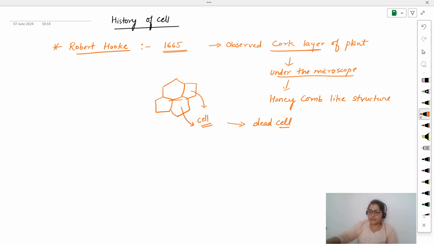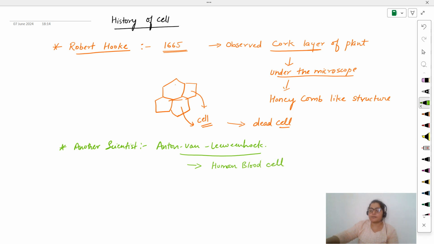Another scientist is named Anton van Leeuwenhoek. Van Leeuwenhoek observed a living cell, that is the human blood cell.